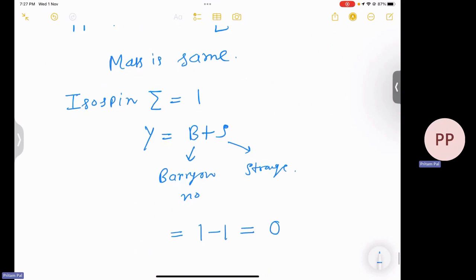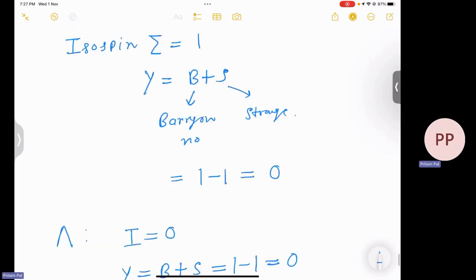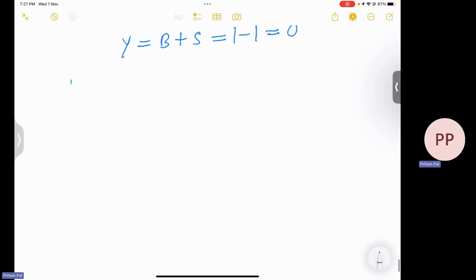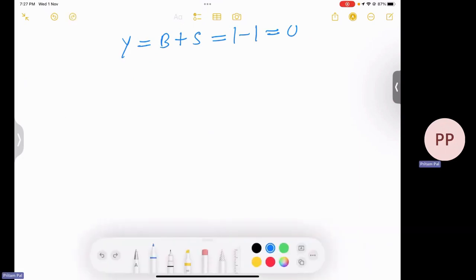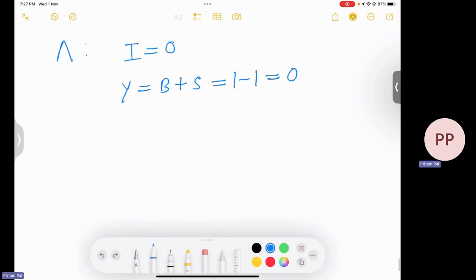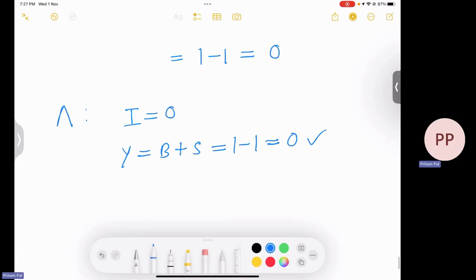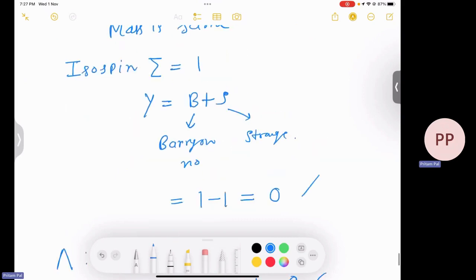The mass is the same for both particles. So M is not dependent on the isospin.